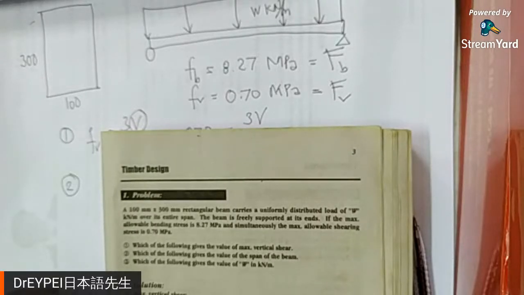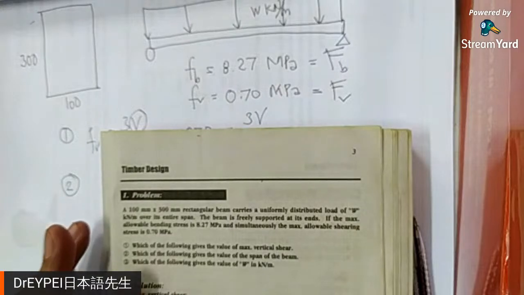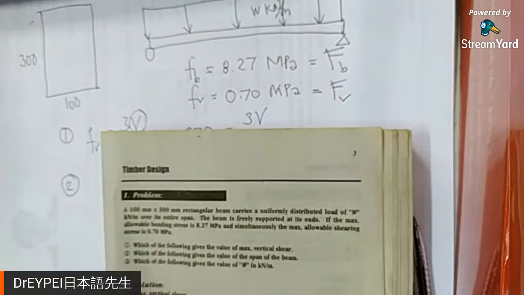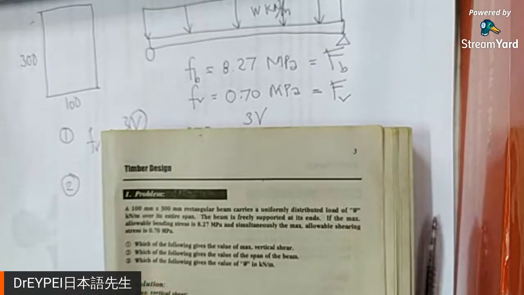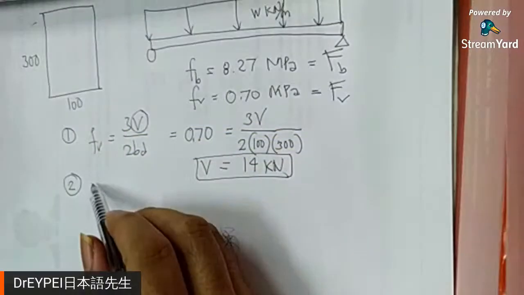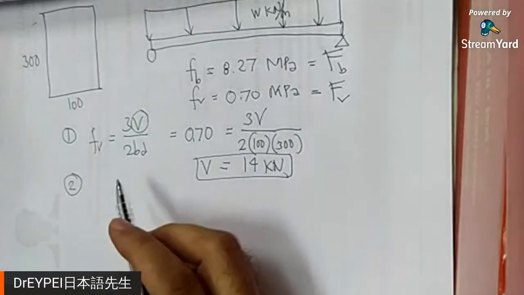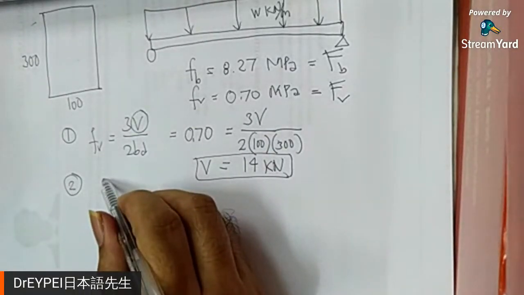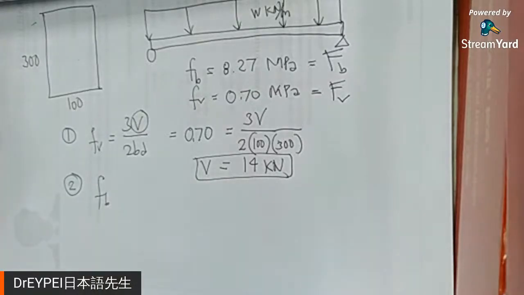Merong nakasulat na pamimilian. Kaya which? Which of the four? Which of the A, B, C, D? So ganun kasi yung sagot yan. Ang tanong pala. Okay? So, therefore, solve natin. Value of span of the beam. So, ano yun? Ito.